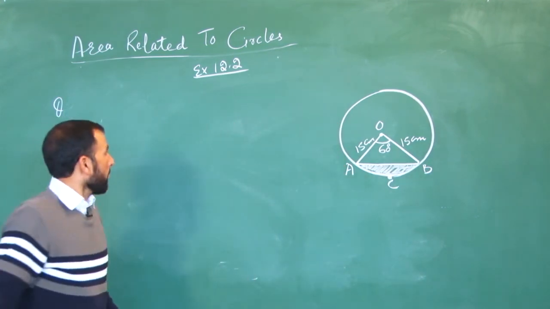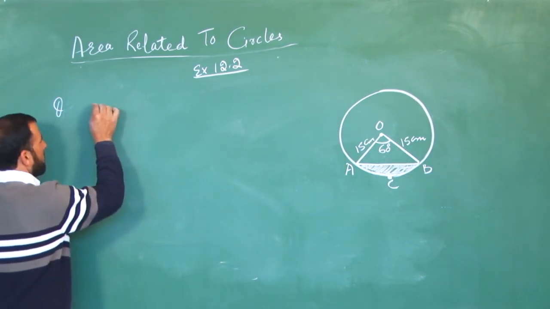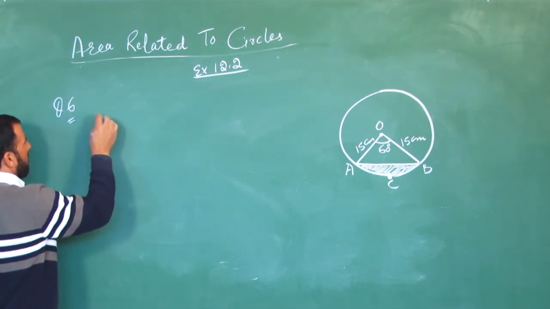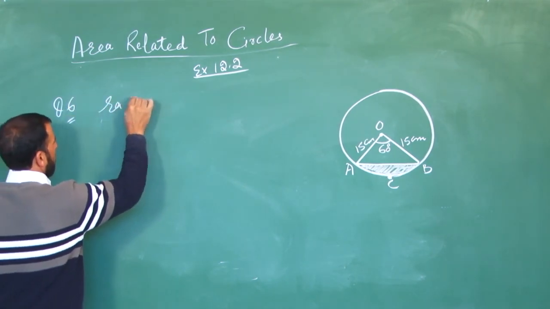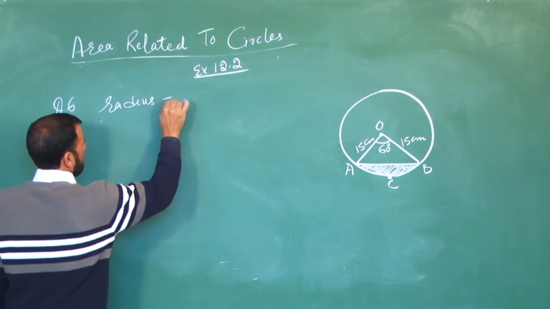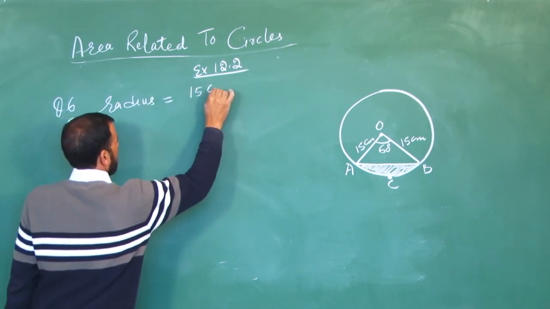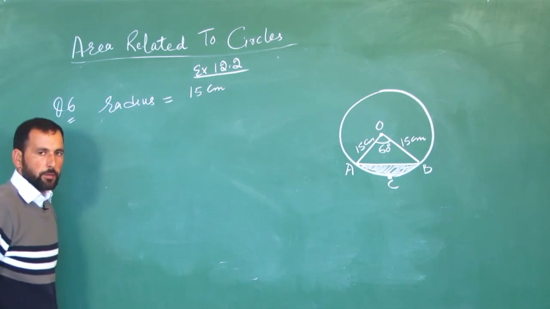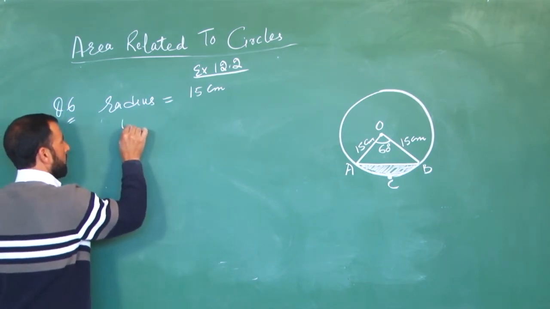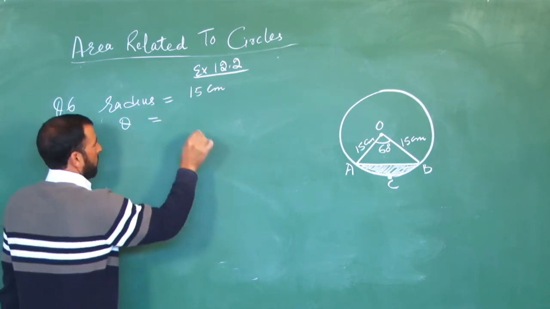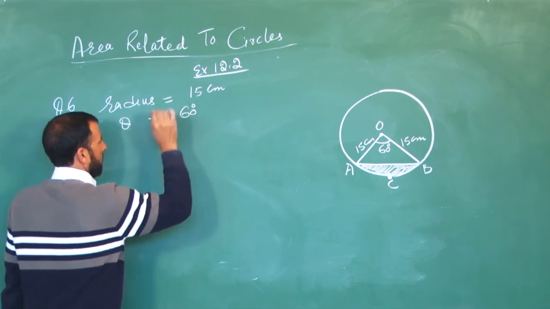So here we can write, radius equals 15 centimeter. Then theta, the sector angle, is equal to 60 degrees.